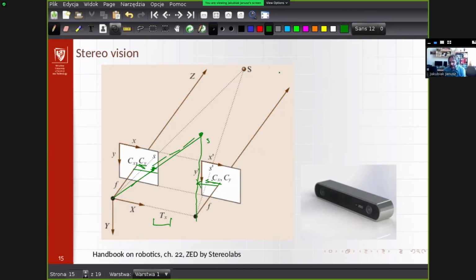So if you have just one object that appears, and that is a characteristic one somewhere in space, for example, like here you have this ball, you have this S, it's quite easy to recognize it and compare two images, find it on the left image, find it on the right image, and then compare the results.